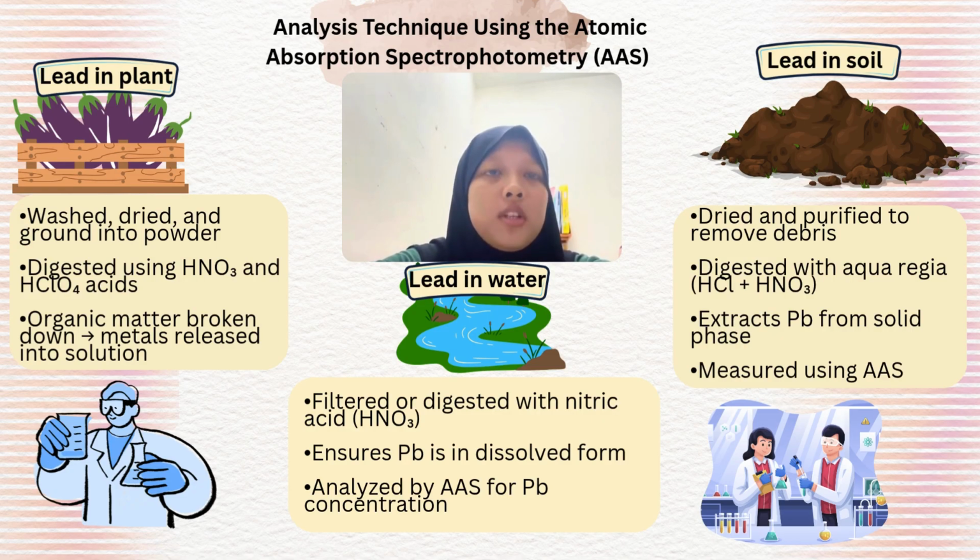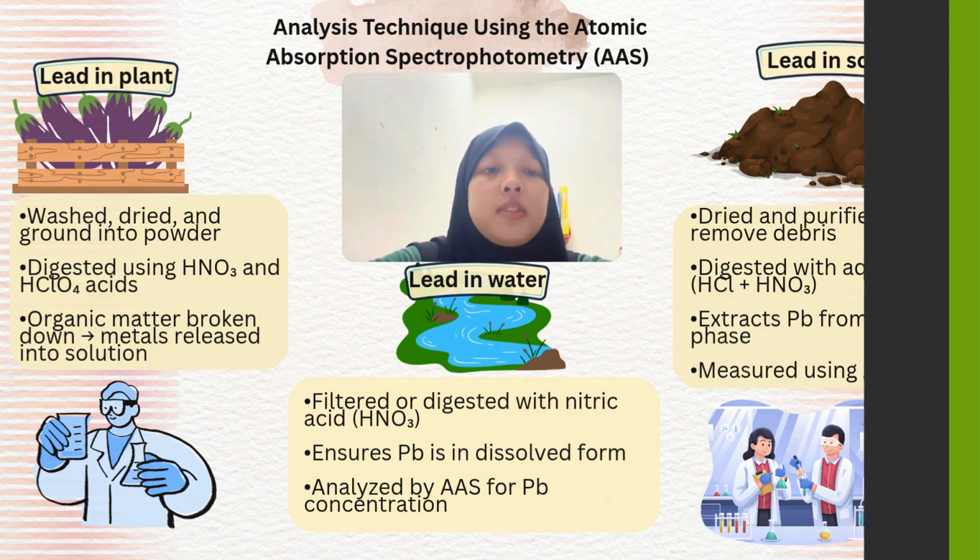For soil sample, the soil was dried and cleaned to remove debris and digested using aqua regia, a mix of hydrochloric and nitric acid, to extract the lead from the solid first. In conclusion, sample preparation differs by material type. AAS provides a consistent and reliable method for detecting and quantifying lead contamination across all environmental samples.